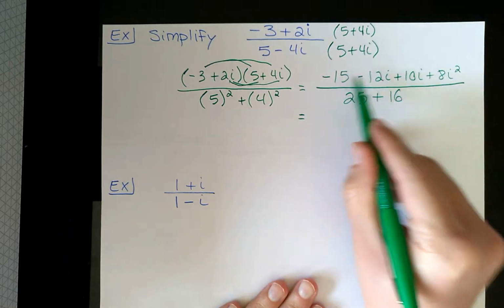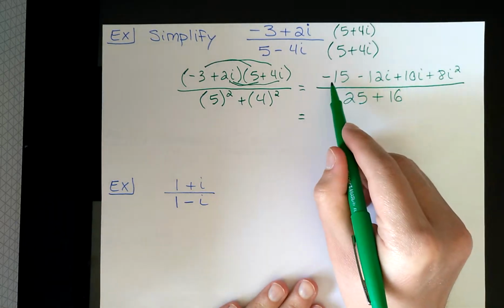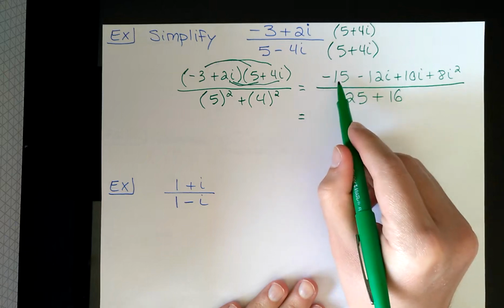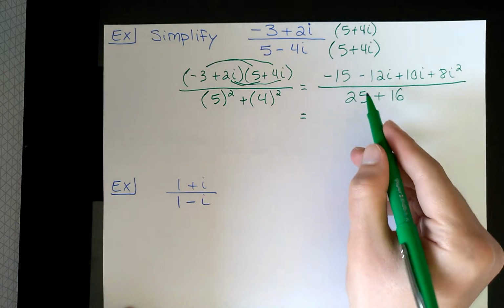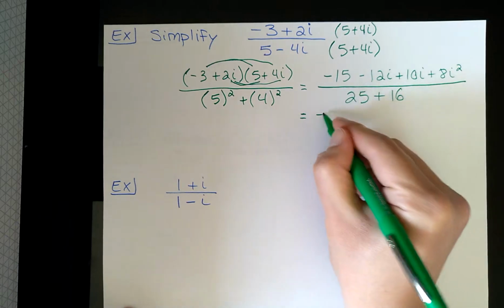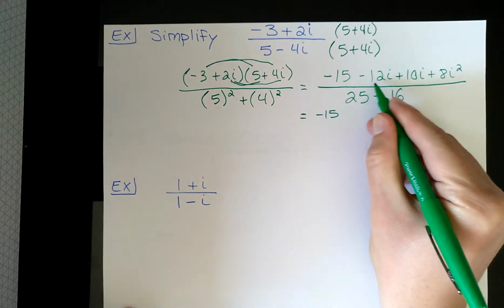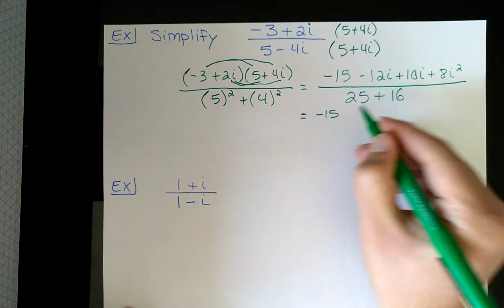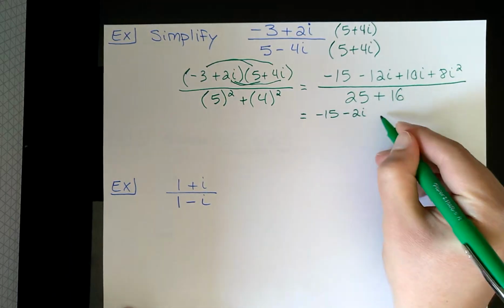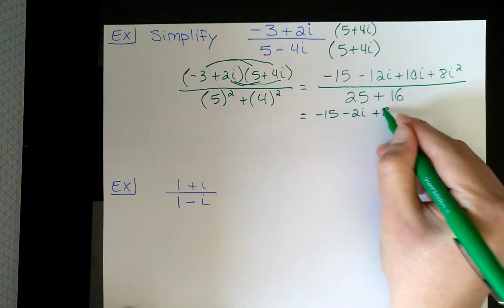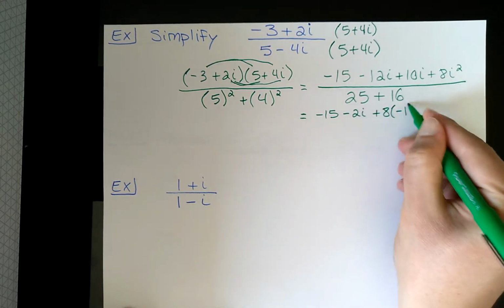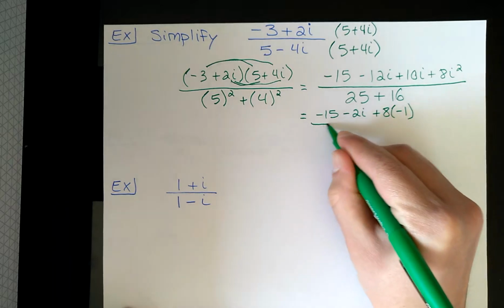Now we'll start combining like terms. Negative 15 doesn't have a like term right now, so we'll just copy it back down. Negative 12i plus 10i gives us minus 2i. Plus 8 times i squared is going to become 8 times negative 1.